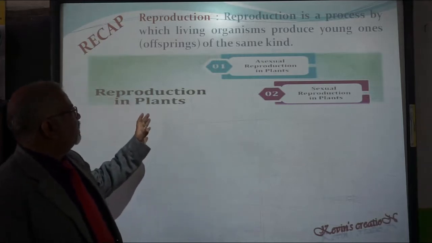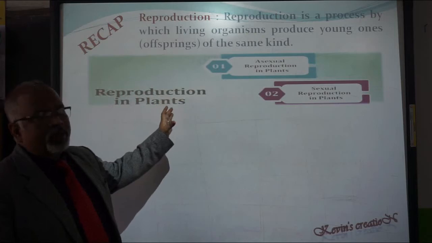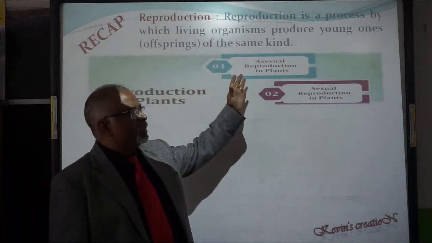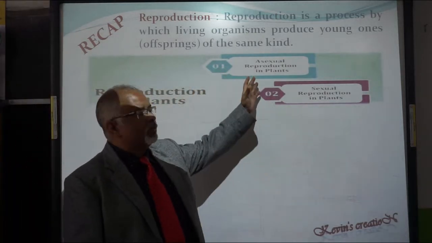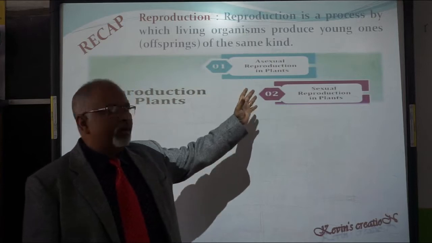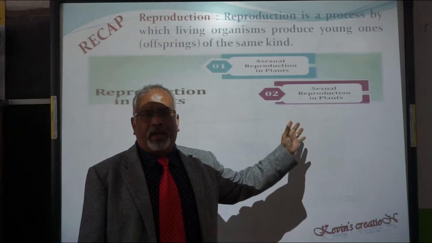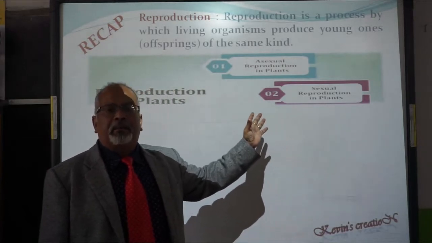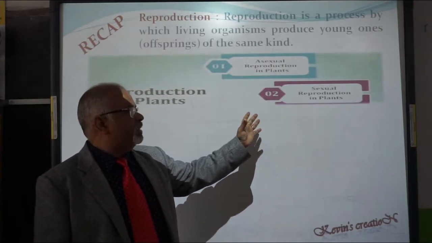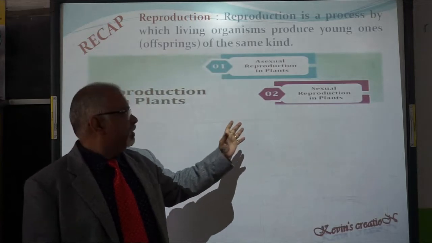For plants, the modes of reproduction are only two, that is asexual and sexual. In asexual, only one parent is involved. In sexual reproduction, both the parents are required. Both male and female gametes are required to fuse.